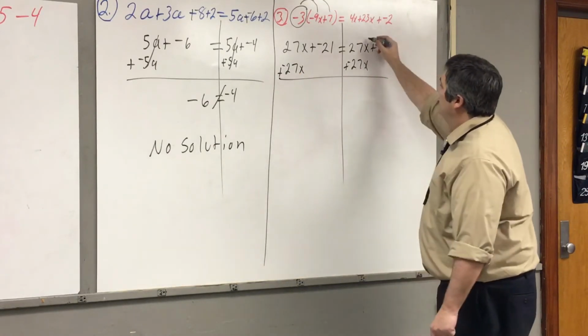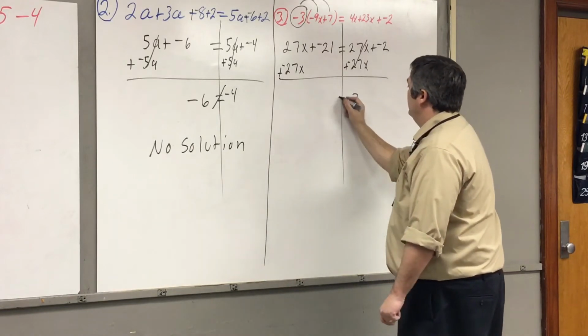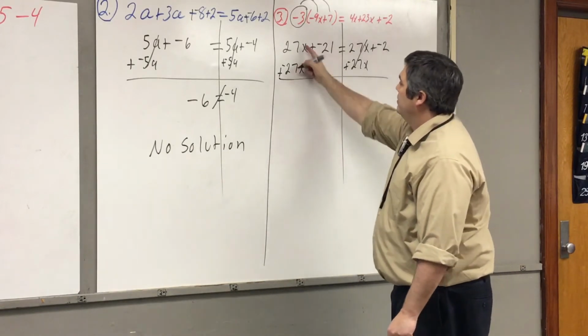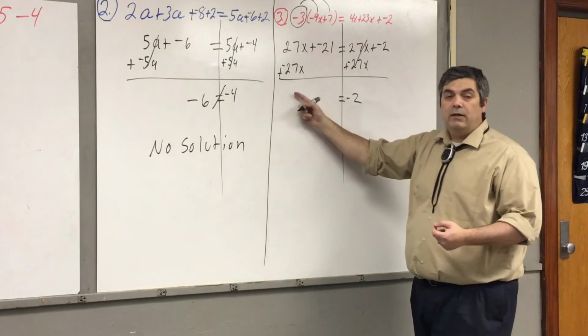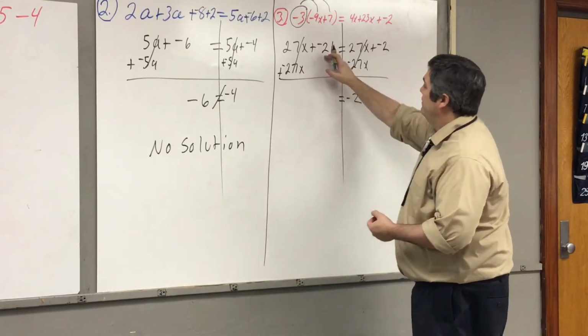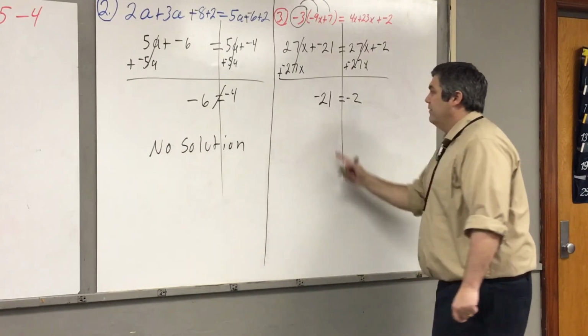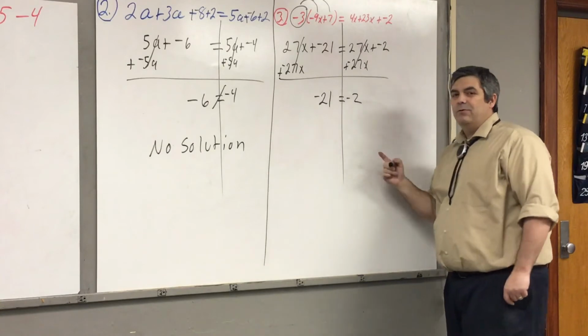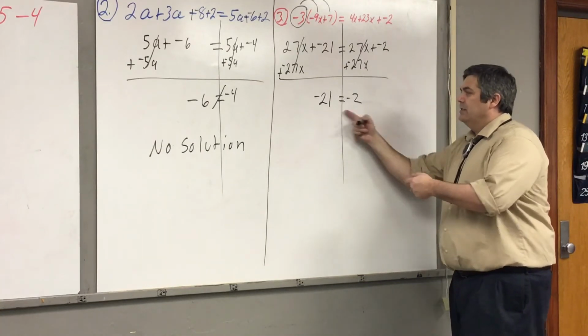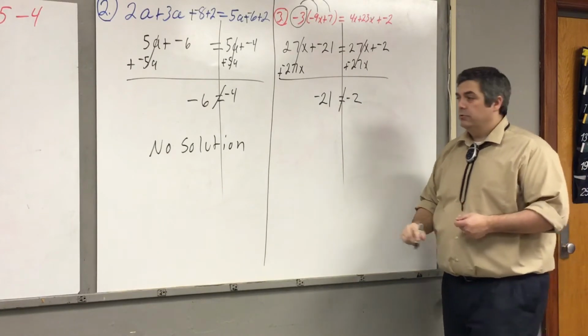And when I do, this cancels out, leaves just negative 2. And then when I look over here, these 2 things cancel out also. So I'm going to get rid of those. And what I have left is negative 21. But negative 21 does not equal negative 2. I know this is incorrect. So this has no solution.